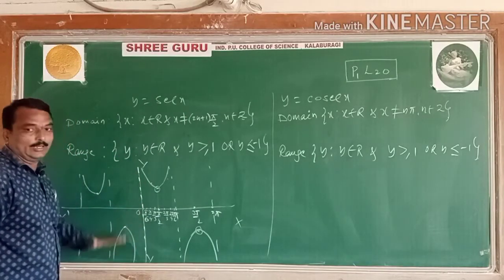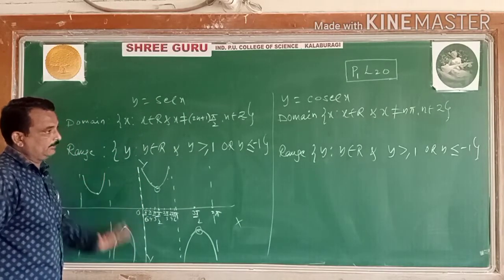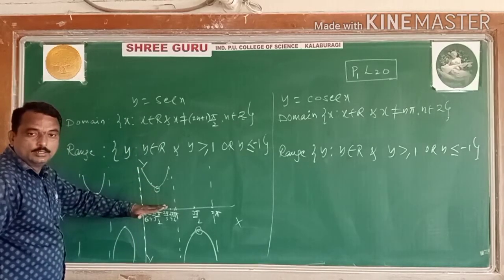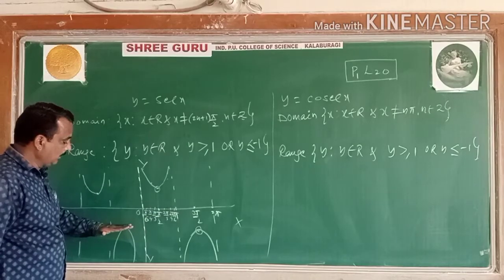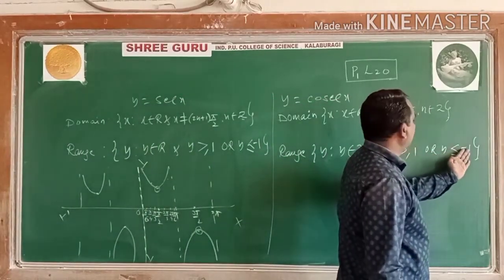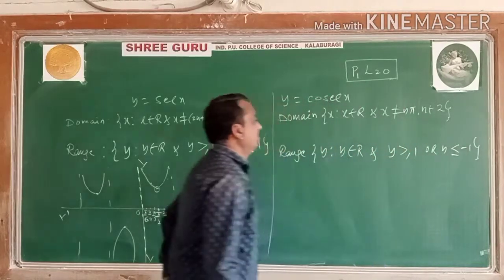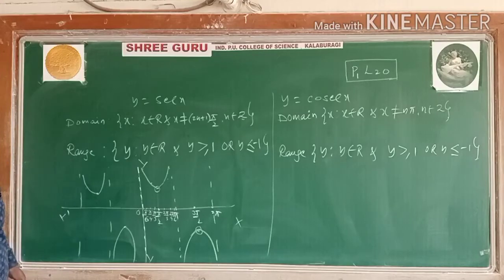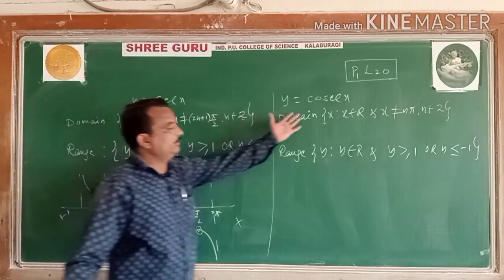So this is about the range and domain of the cosecant x graph.